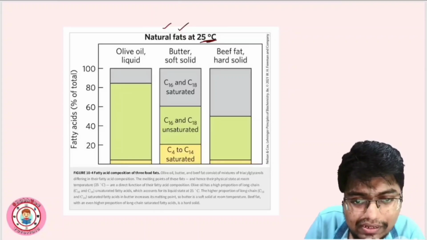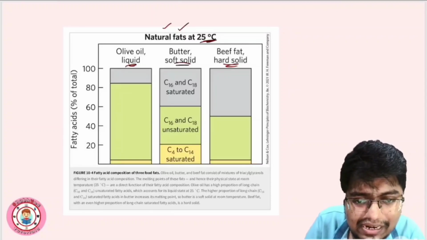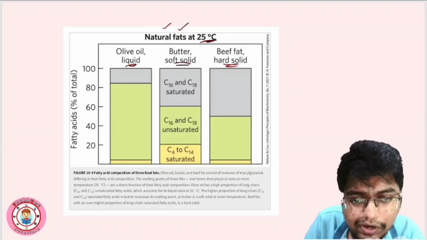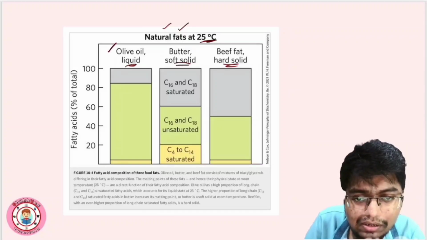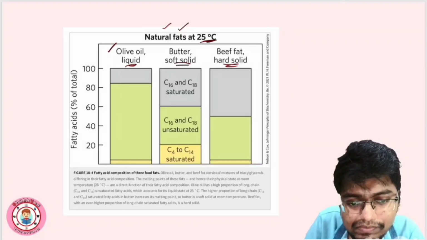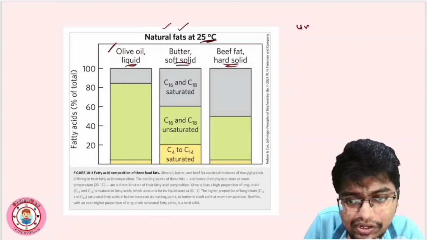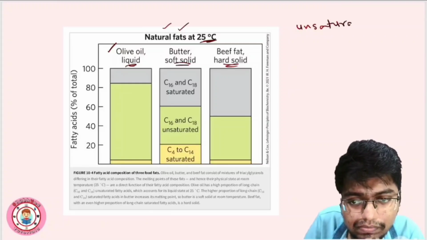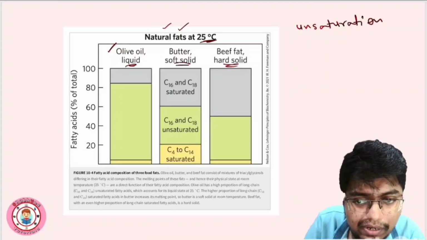Okay, now see, different types are there: liquid, soft solid, and hard solid. Okay, soft solid means jelly, like we can say. So in liquid there is olive oil. Now what is this case? The unsaturation. Unsaturation means double bond presence, right?